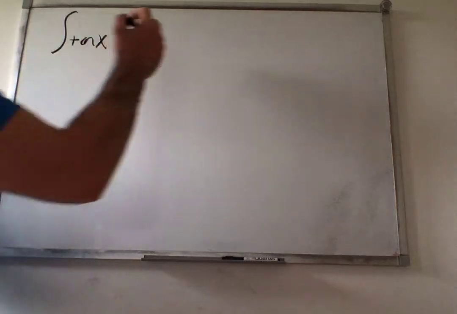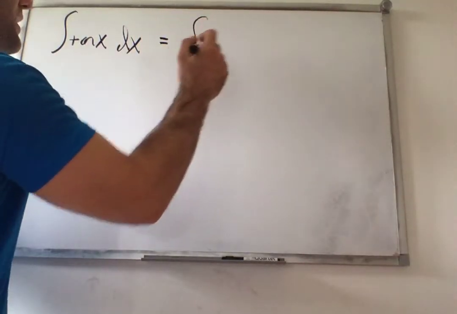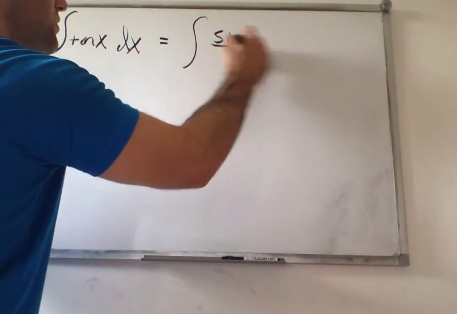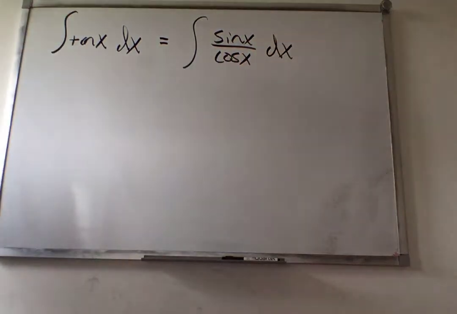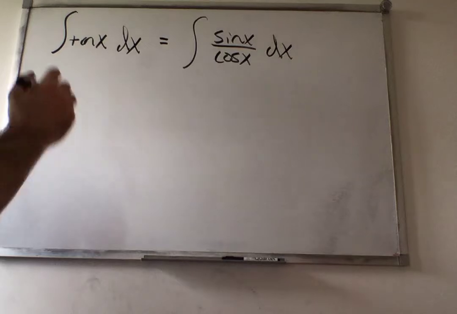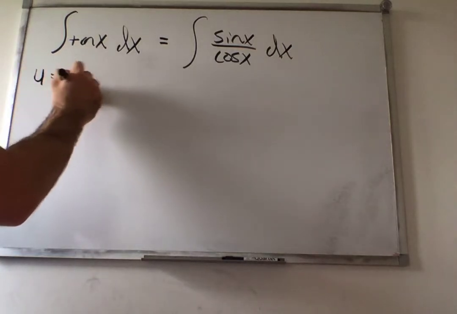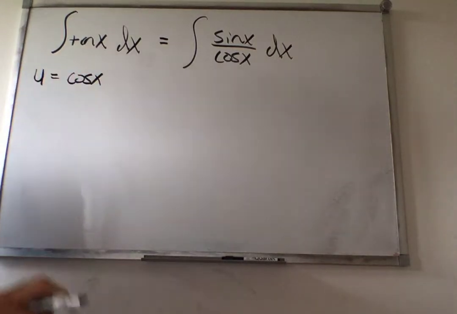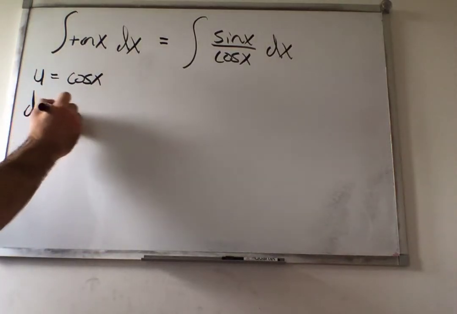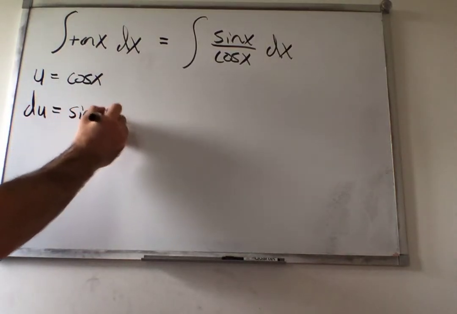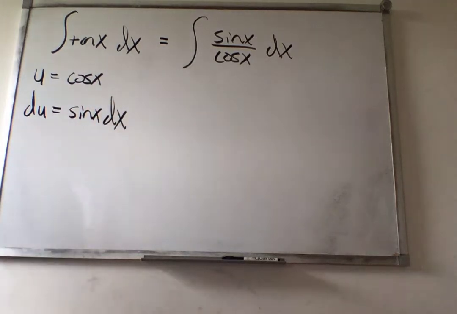What we're going to do here is rewrite this as sine x over cosine x dx. I'm going to let u equal cosine of x, because then when I differentiate this, du is equal to sine of x dx.